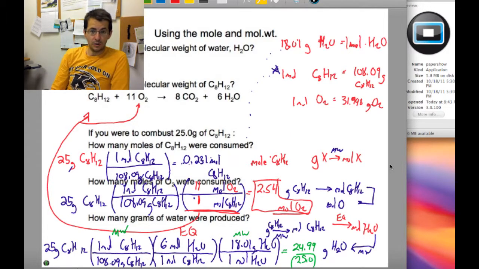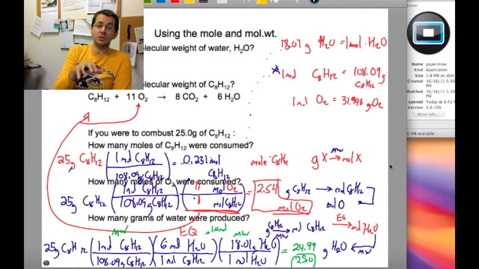All right. But the number of moles of water has changed. If you stop the calculation halfway through, you'll see that you get 1.4 moles of water come out. So, even though you have only a quarter of a mole of C8H12 being consumed, you generate 1.4 moles.